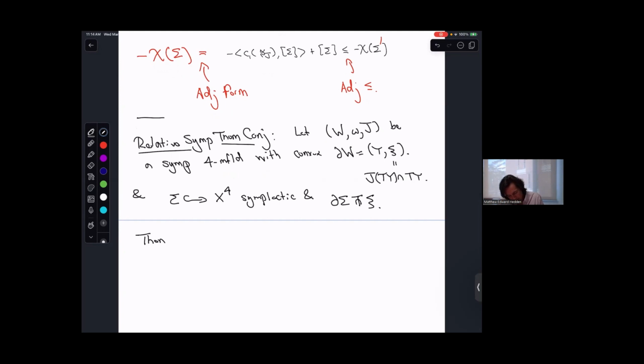Then the same statement should hold. Then sigma minimizes genus in its relative homology class.